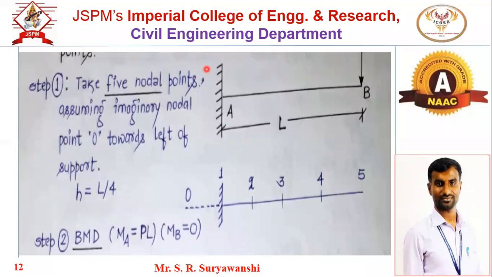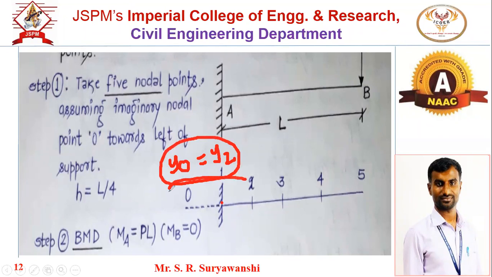Now as it is a cantilever beam, support A is fixed, so we have to consider an imaginary node on the other side of the fixed support, that will be node 0. To keep the logical sequence, if you consider the symmetry of the deflected shape with respect to the fixed support, we can conclude that deflection at node 0 is equal to deflection at the second node.